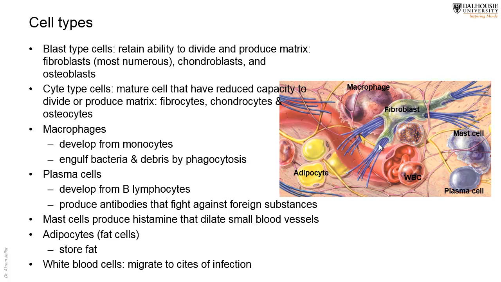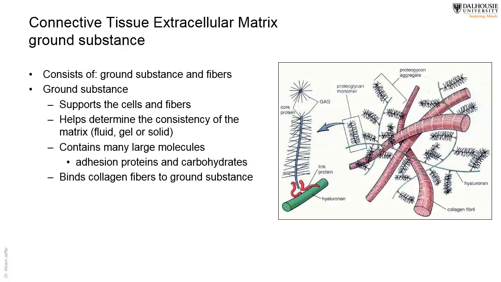If it is a parasitic infection, we will have more eosinophils moving. Both of them are types of white blood cells that are present in the blood. So these are the types of cells. The most abundant are the blast type of cells, which can multiply and produce the extracellular matrix, the fibers of that matrix and the extracellular material.